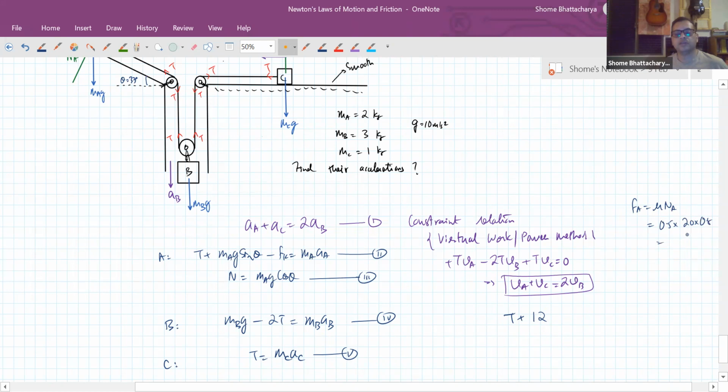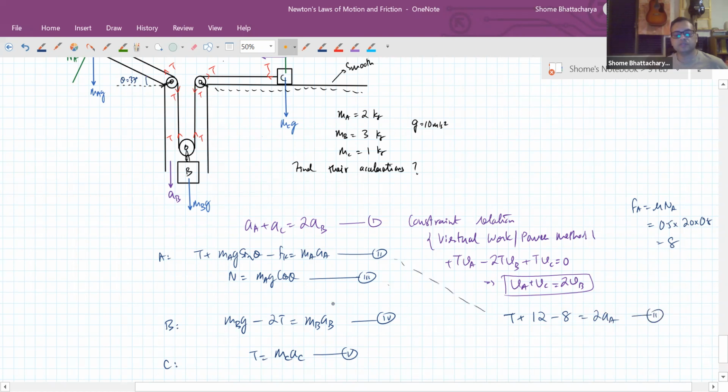So 0.5 into 16, so that will be 8 newtons. So this should be equal to mass of the block A, which is 2 kgs into acceleration of A. So this is our second equation with the numerical values substituted.